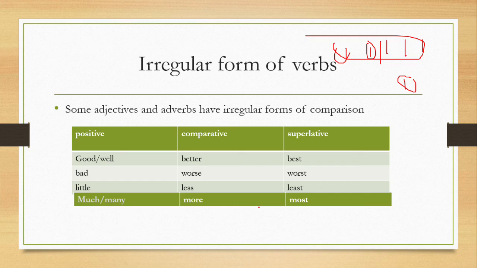This is about comparison. It's very simple. We are only trying to compare things or people. So when we are comparing 2 things, we use comparative. When we are comparing more than 2, that is 3 going upwards, we use superlative.